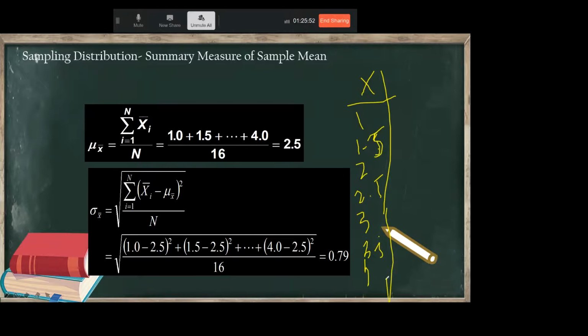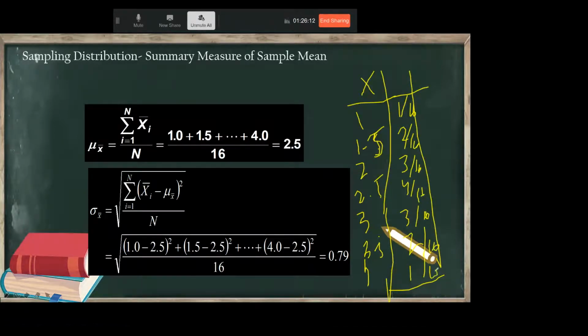And we have the distribution 1, 2, 3, 4, 3, 2, 1, right? So that's the frequency, and the probability is that over 16. This is a probability distribution.